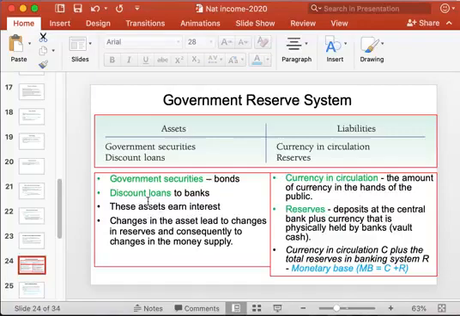Whereas if the government actually purchases the bonds from the public or the banks, then the government actually pumps in the money into the economy in return to the bonds.